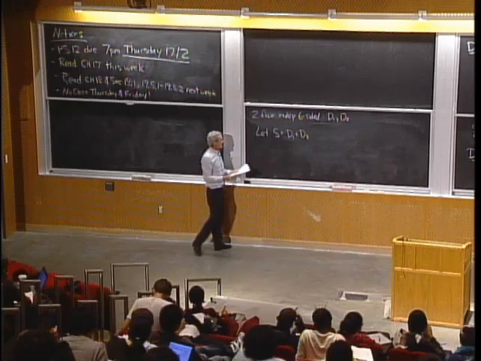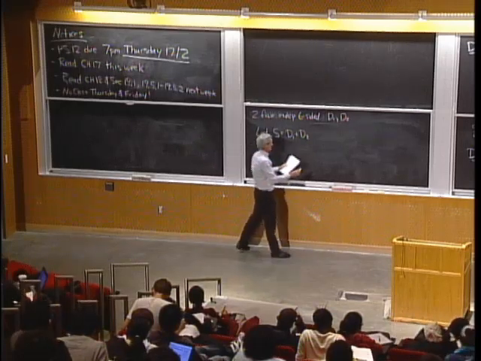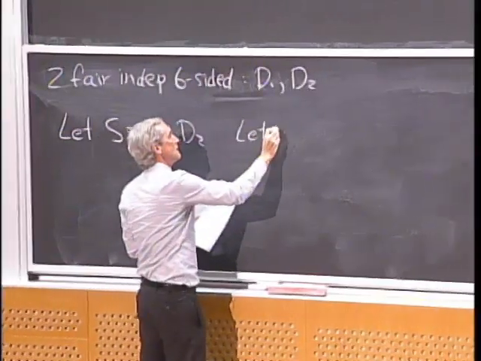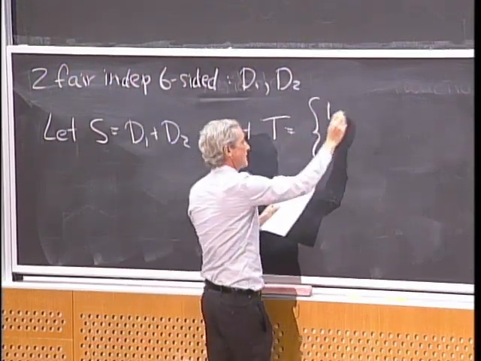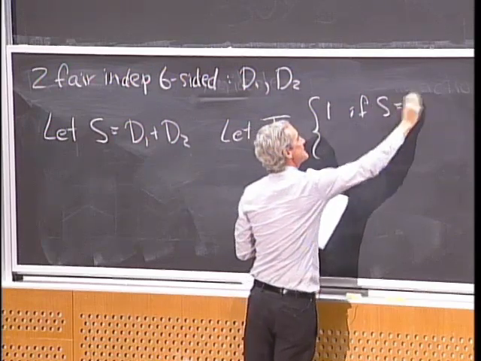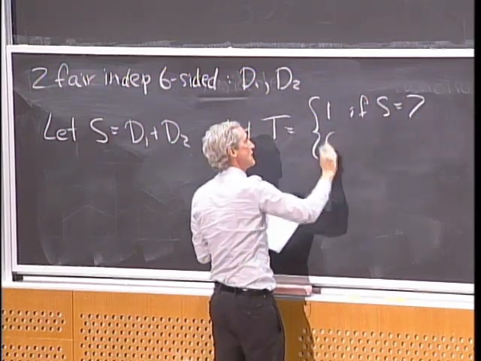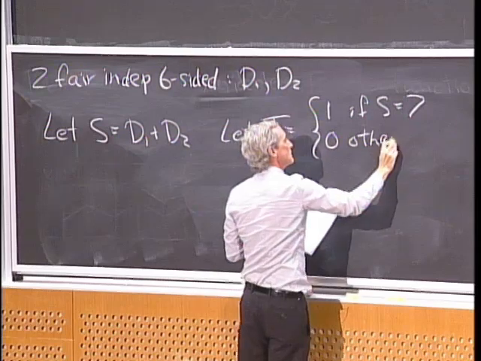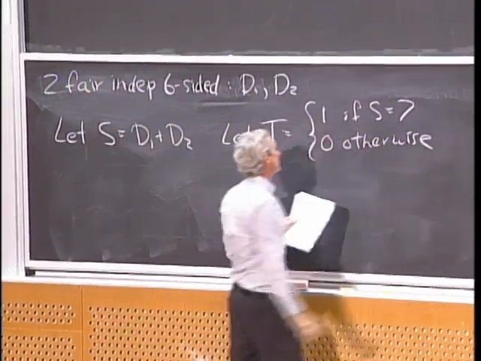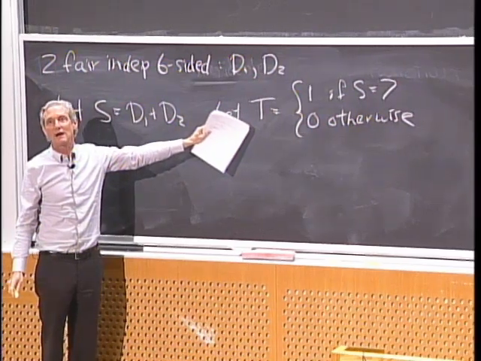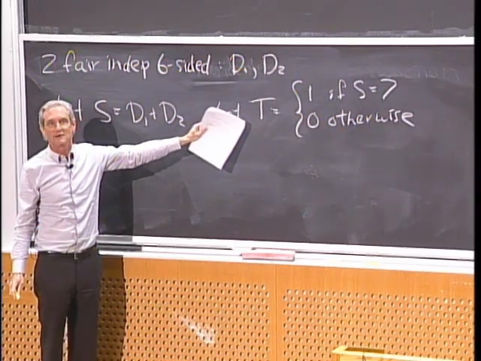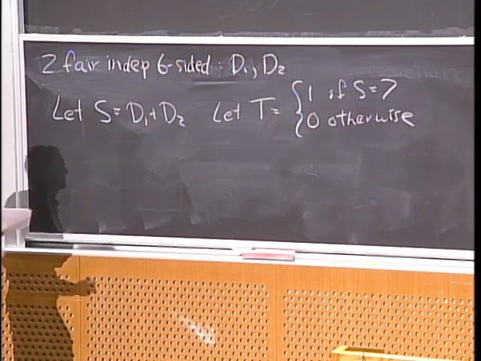Okay. Let's do another one. Let T be 1 if S is 7, remember the sum of the dice is 7, and 0 otherwise. T is also a random variable. In fact, what kind is it? Yeah, indicator, characteristic, whatever.